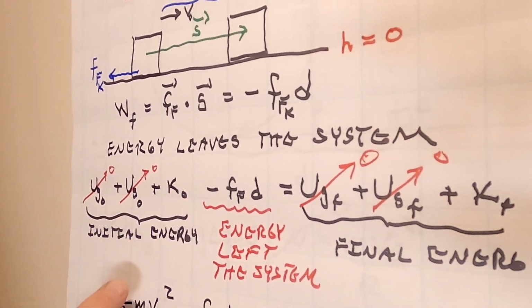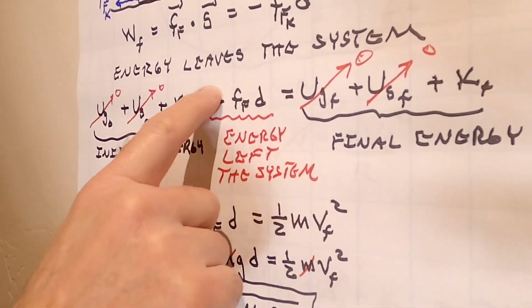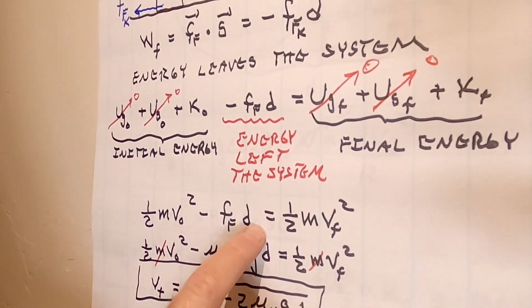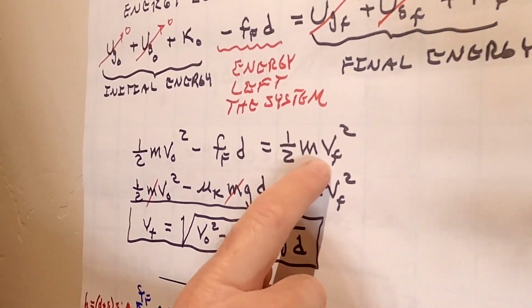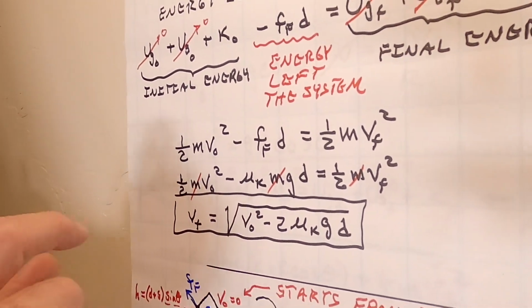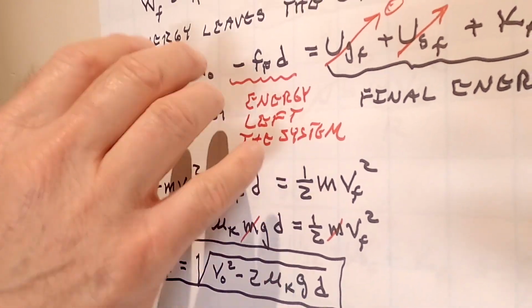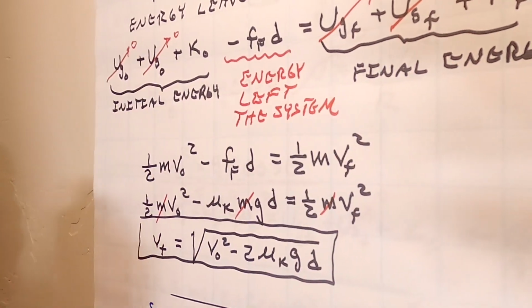All we have is an initial kinetic minus how much we lost due to friction. That was the work due to friction. There's a negative right there. And over here, all we had was the final kinetic. So there's how we add the friction in there. We just look at the energy minus how much we lost due to all of our friction distances, if there were multiple ones, and that equals the final.